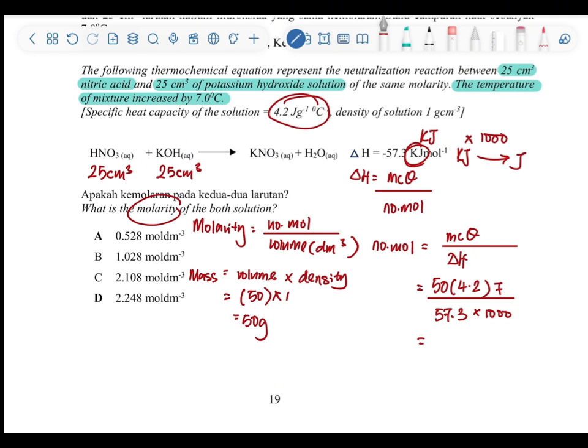Let's do the calculations. It is 50 times 4.2 times 7. The answer is 1470, and then 57 times 0.3 times 1000 equals 57300.